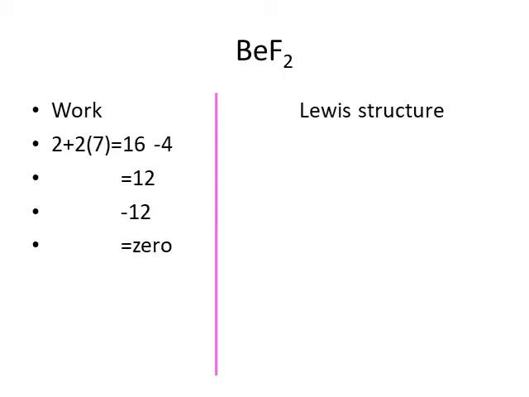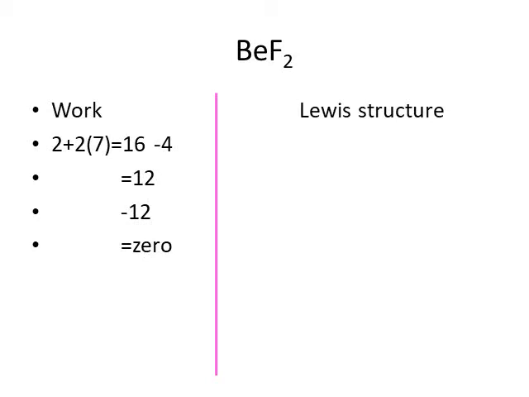Our first example is beryllium difluoride. We know the atomic number of beryllium is 4. It has only 2 electrons in the outermost energy level, and the fluorine atom has 7 electrons in its outer energy level. We have to find the sum of electrons: 2 from beryllium plus 2 fluorine atoms, each with 7 electrons, equal 16 electrons.